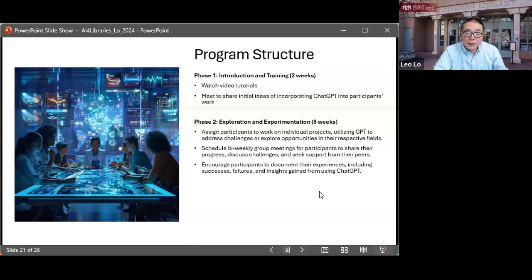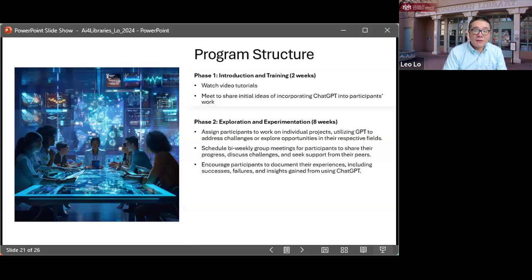So phase 2, 8 weeks, is exploration and experimentation. They have their individual projects designed by them and use GPT to address challenges and explore different opportunities. Every other week, we meet as a group, and I'm the facilitator for them to share what they've done, challenges, tips, good prompts that they have used, or concerns.